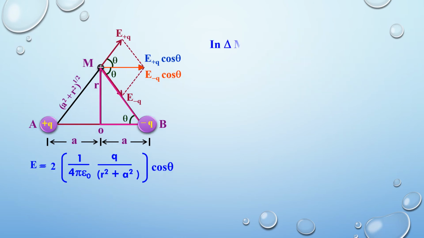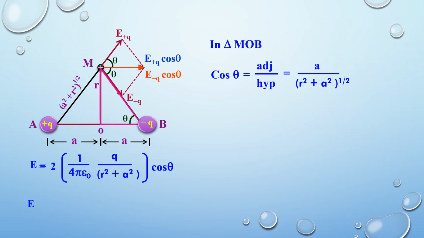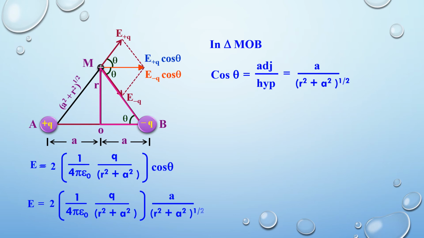Now in triangle MBO, I can take cos theta equal to adjacent upon hypotenuse, which gives me a upon r squared plus a squared raised to 1 by 2. Hence, substitute this value of cos theta into your relation. I get E equal to 2 times 1 upon 4 pi epsilon naught q upon r squared plus a squared into a upon r squared plus a squared raised to 1 by 2.